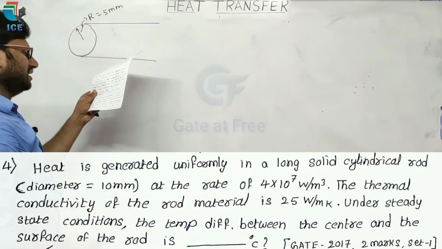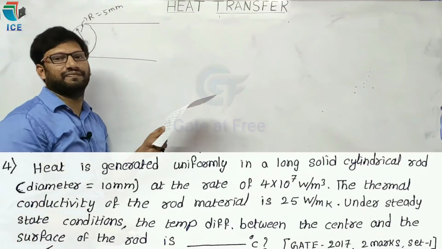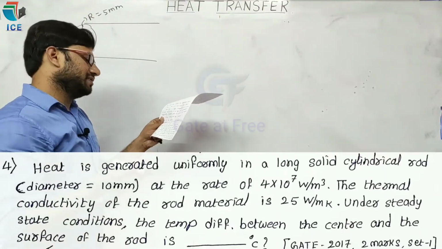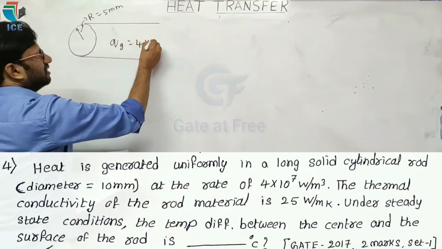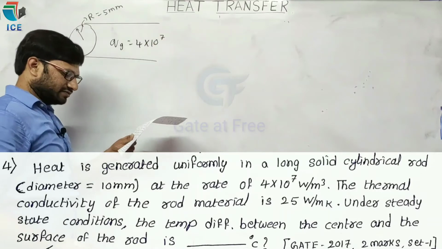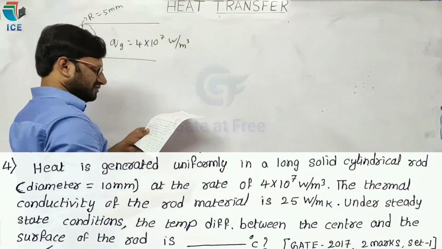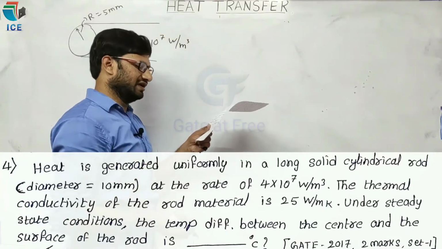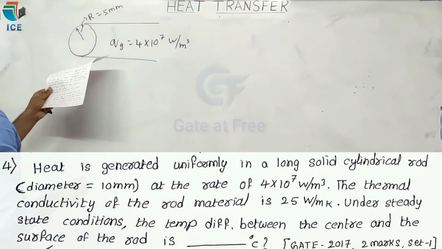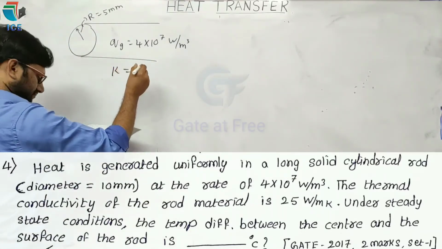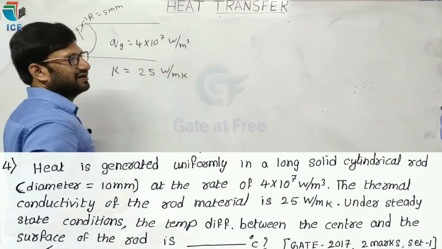It is generating heat at the rate of 4 into 10 to the power of 7 watt per meter cube, that is small qg. This is a previous 2017 GATE question, 2 marks, set 1. Now the thermal conductivity of rod metal k is 25 watt per meter Kelvin.